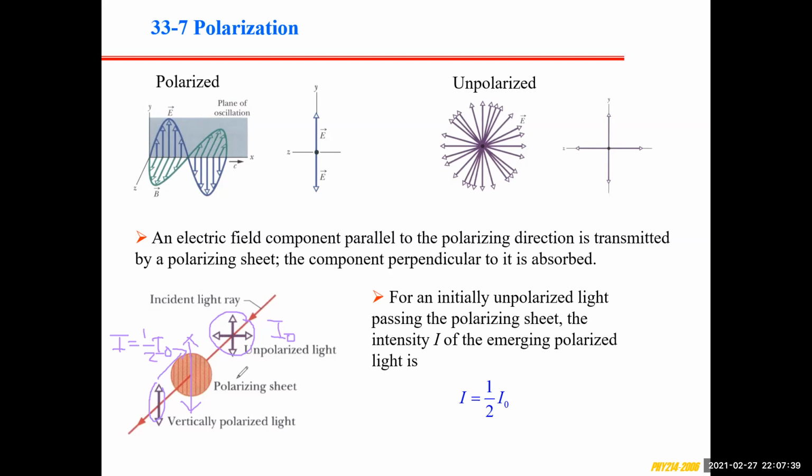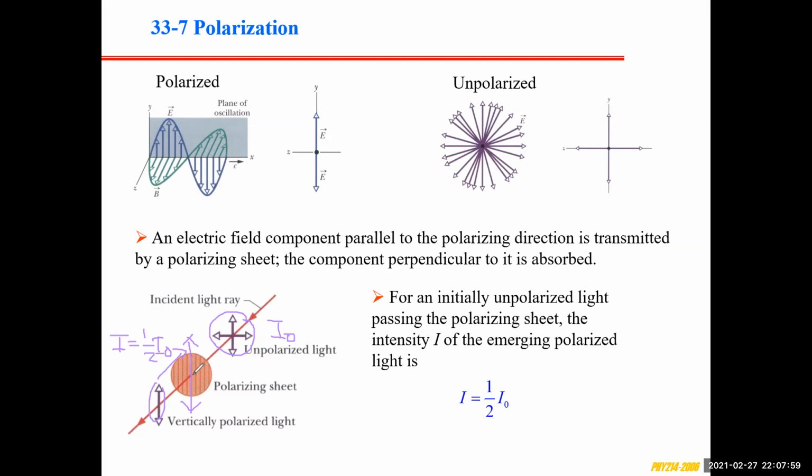So you can see that intensity is decreased, and that's why on a sunny day we usually wear sunglasses, because sunglasses are made of polarizing material.